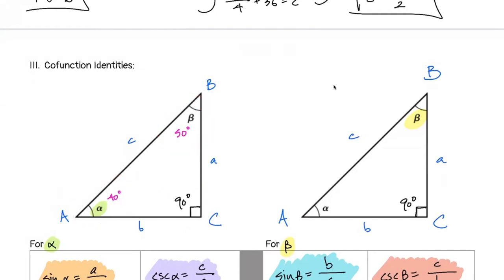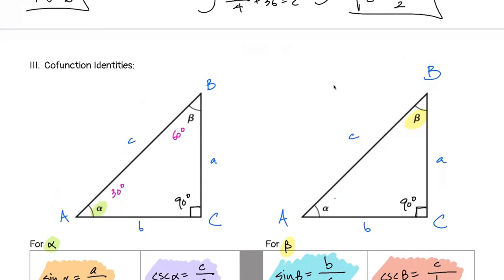Okay, let's keep playing that game. Now, let's say that this is 30 degrees down here. How big is beta? Yeah. 90 minus 30 gives me 60. Perfect. Okay, let's do an example over here.